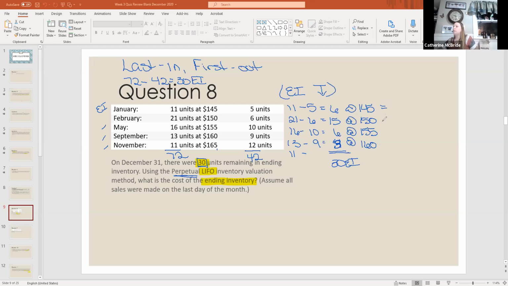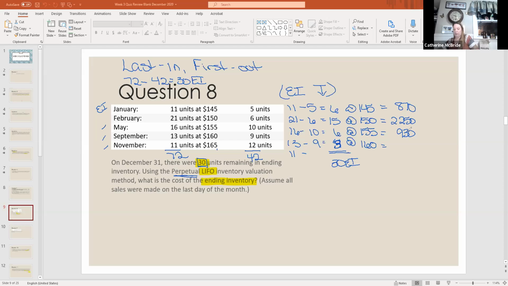So that means that we're going to say 6 times 145 is 870. 15 times 150 is 2,250. 155 times 6 is 930.